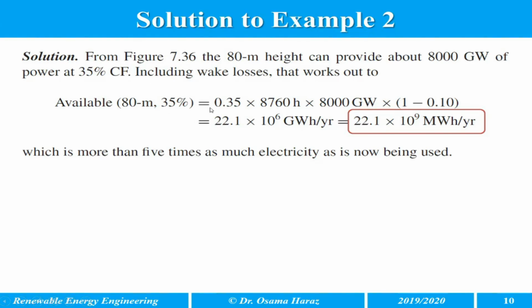It's CF multiplied by 8,760 times the rated power, which is 8,000 gigawatt, multiplied by 1 minus the losses, which is 10%, so you multiply by 90% or 0.9. So 0.9 times this will give you 22.1 times 10 to the power 9 megawatt hour per year.